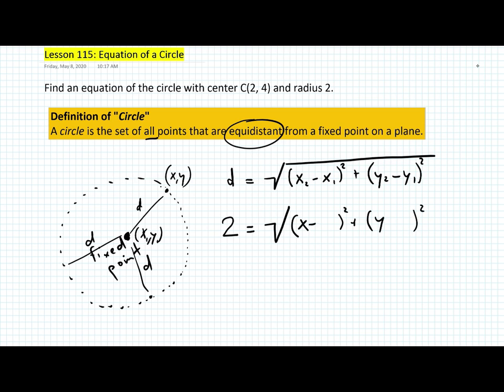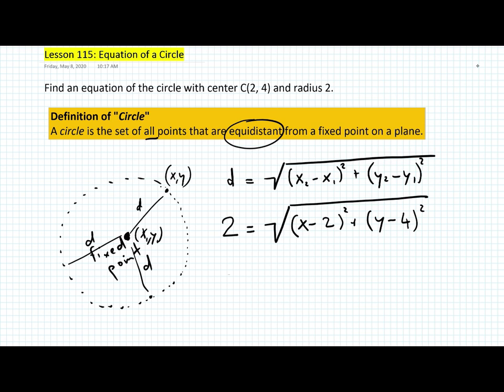And the center is actually going to be 2, and for the y value, it's going to be 4. So that is now the distance between point (x, y), or any point on the circle, the set of all points, and the fixed point, which is the center at (2, 4).